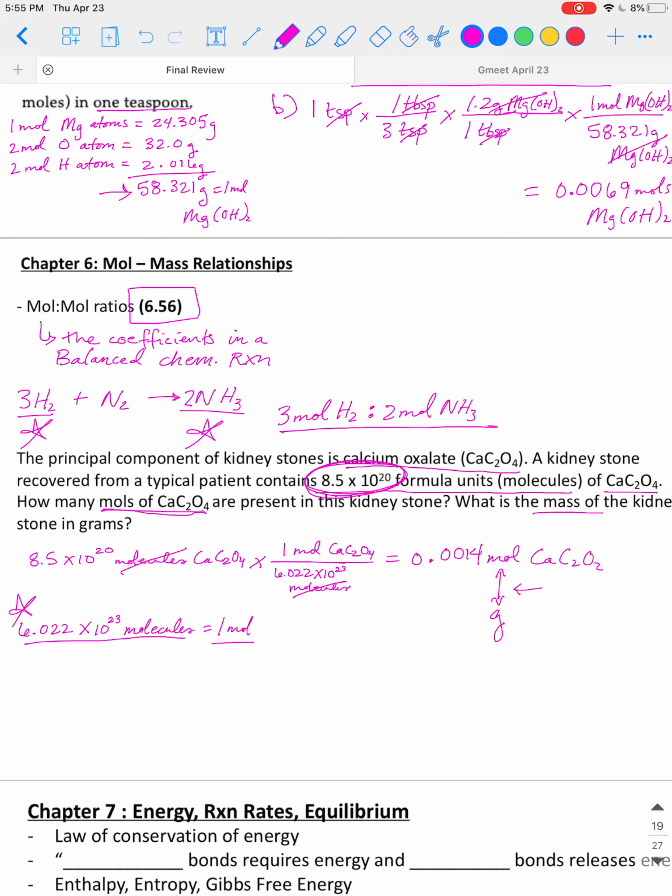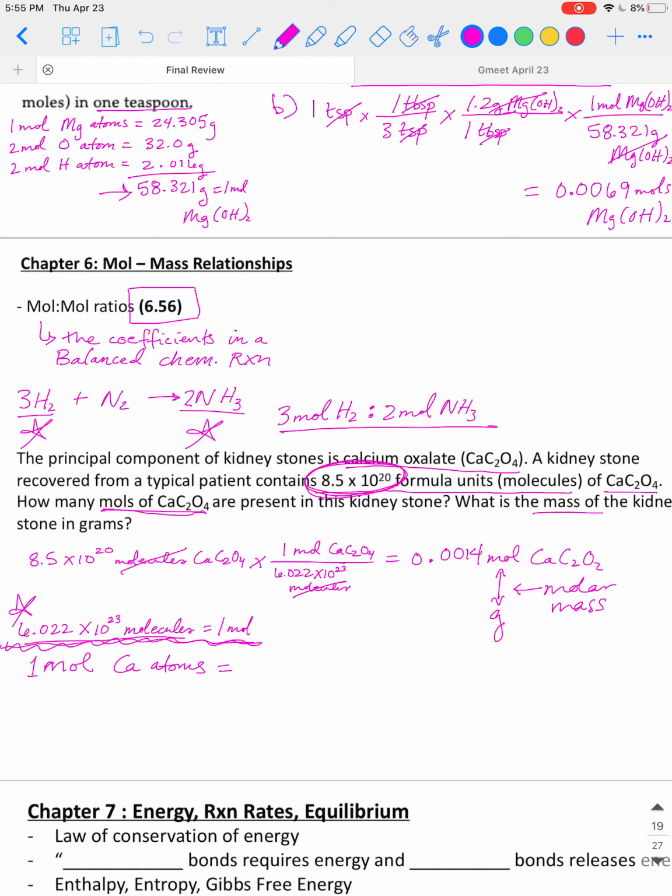Now we're going to convert moles to grams. How do we do that? Well, we need a molar mass. Anytime you want to go from moles to grams or grams to moles, you have to use molar mass. It's the only thing that relates grams and moles. So we need the molar mass for calcium oxalate. So let's calculate that really quick. We have 1 mole of calcium atoms.